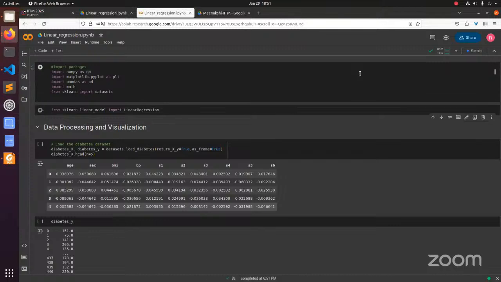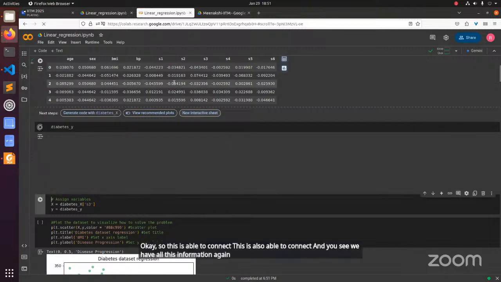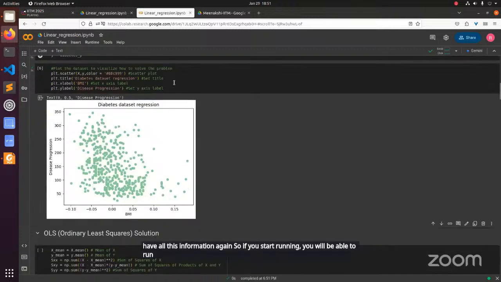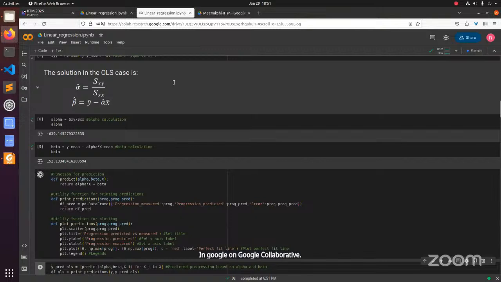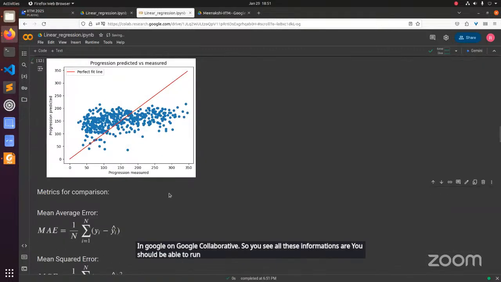Okay, so this is able to connect. And you see, we have all this information again. If you start running, you will be able to run it and plot these data points on Google Colab too. You should be able to run this exactly the same way that we ran it.